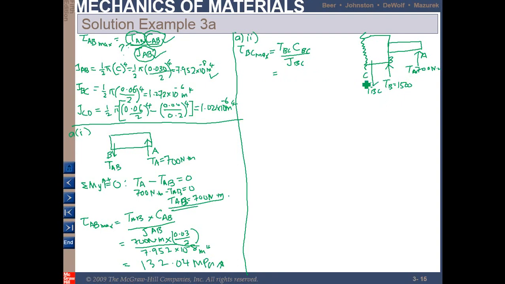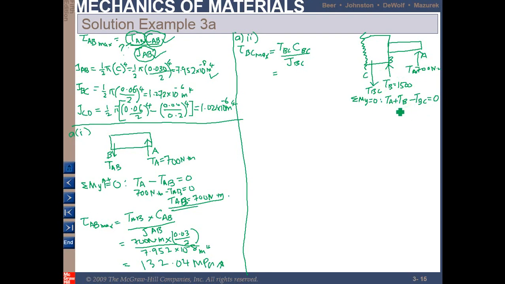The summation of moment in y direction should equal 0, so TA plus TB minus TBC, because A and B are going clockwise and this one is anti-clockwise, so it is a different direction.